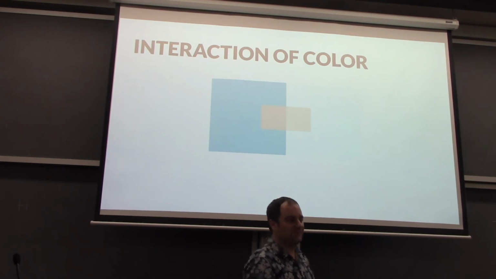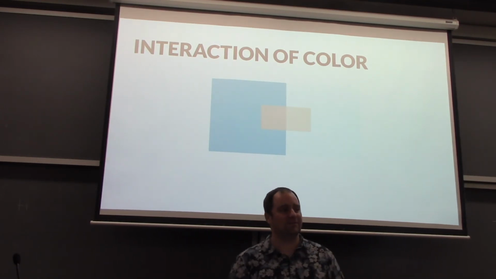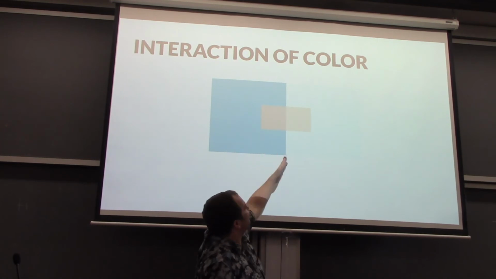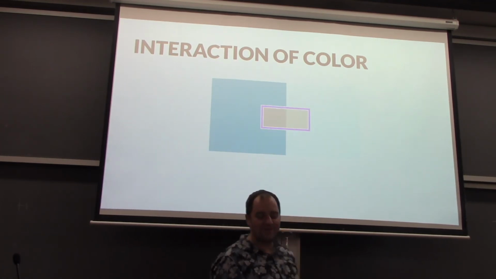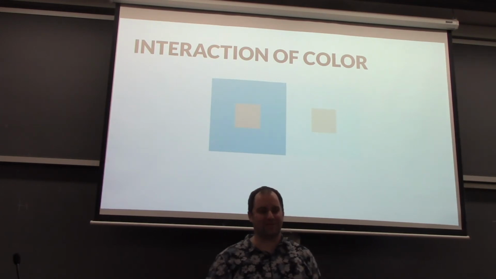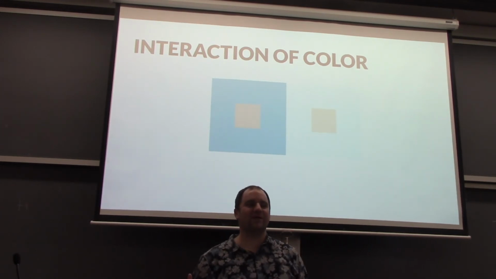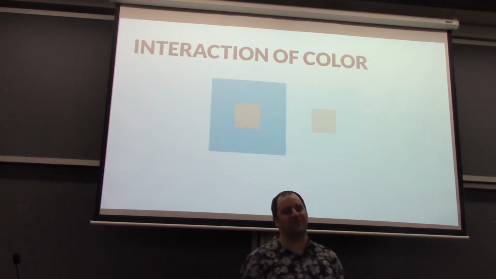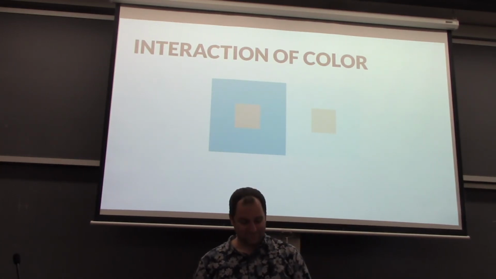Those are obviously different colors, right? They are actually different colors because we can see they're right next to each other. So this one is darker than the other one. But if we separate them, they suddenly look the same. So we can also make colors that are not the same look the same depending on context.